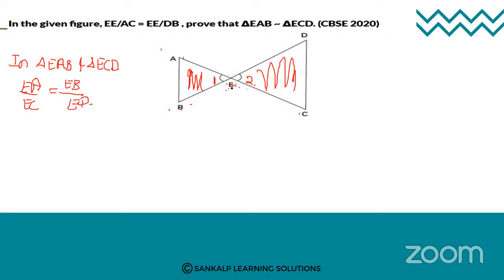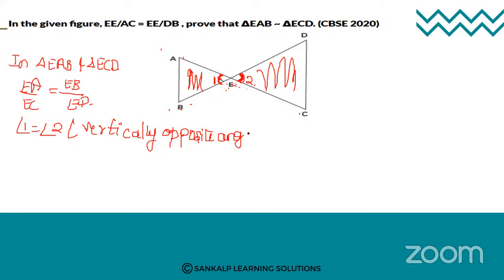Now, angles 1 and 2, these two are vertically opposite angles. So angle 1 is equal to angle 2. Why? Because these two are vertically opposite angles. Vertically opposite angles are equal.